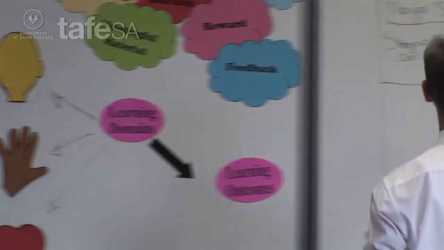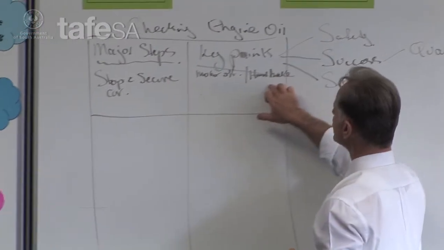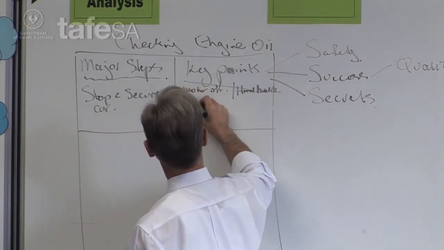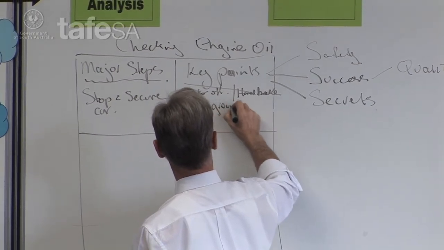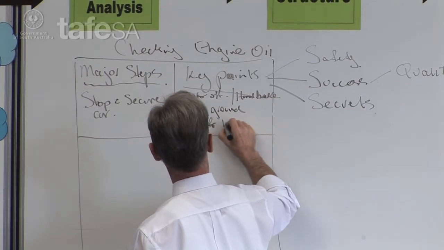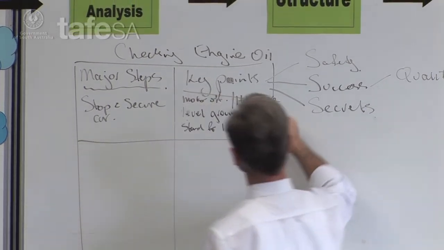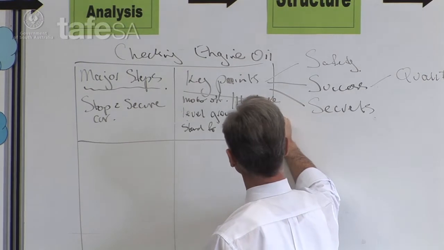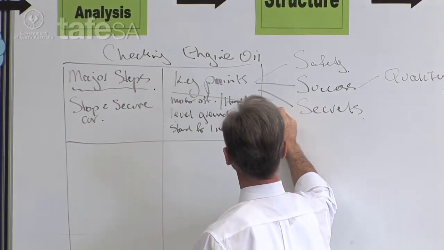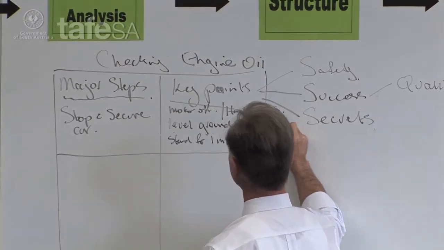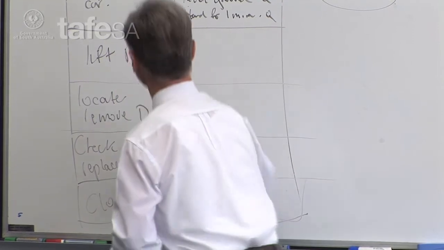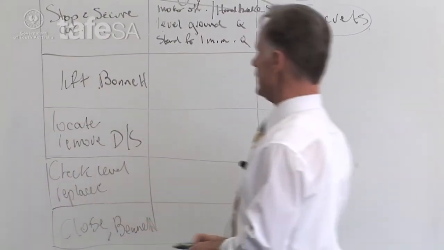For quality of measuring, you might say level ground, stand for at least 1 minute. Now you've got issues of quality, so you could say quality, safety. Yeah, you've named the safety, you've named the quality. Close bonnet. Right, 1, 2, 3, 4, 5 major steps.